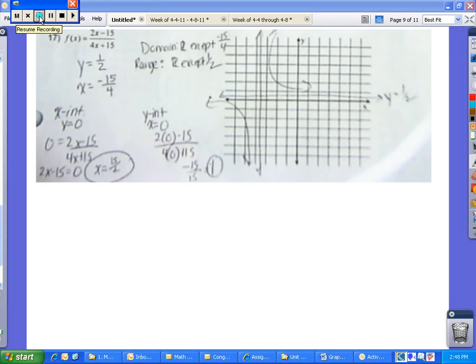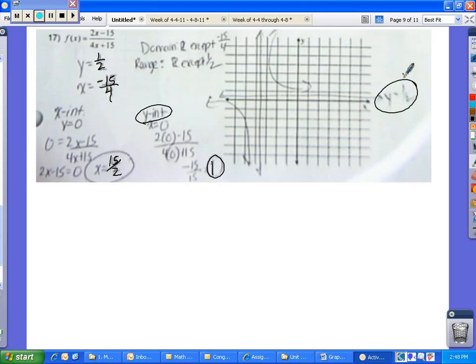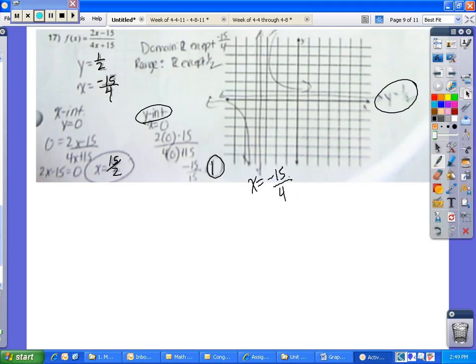Alright, so for number 17, just in case you're having a hard time reading it, this is 15 over 2, and this is your y-intercept here, which is 1. And your asymptotes are 1/2 and negative 15/4. You can see your asymptotes labeled here, and your vertical asymptote is labeled here as negative 15/4. I'm going to pause it.